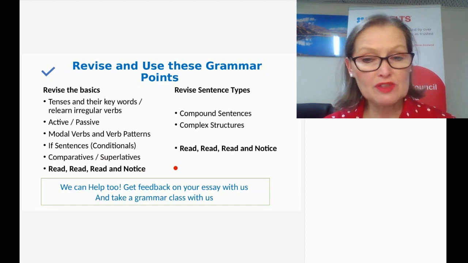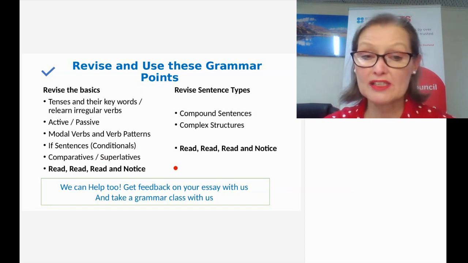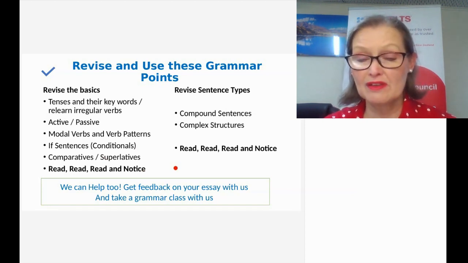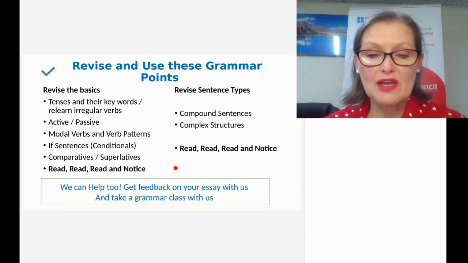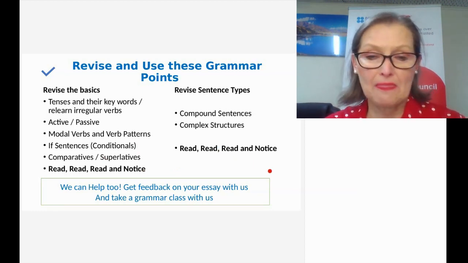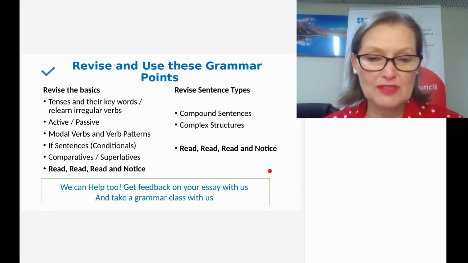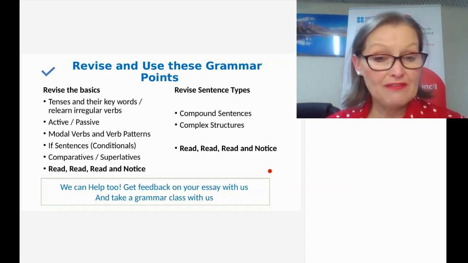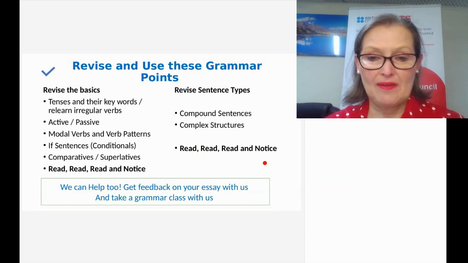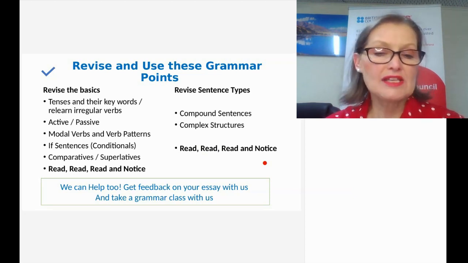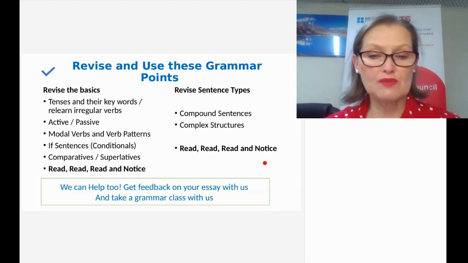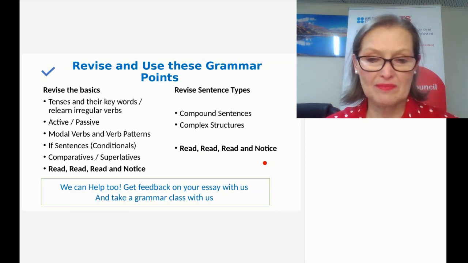It's really useful to be able to swing between active and passive. And once again, getting those irregular verbs correct. And then we want to use modal verbs and verb patterns. This takes my writing up a notch. If sentences are very useful, and very often it's useful to be able to compare.